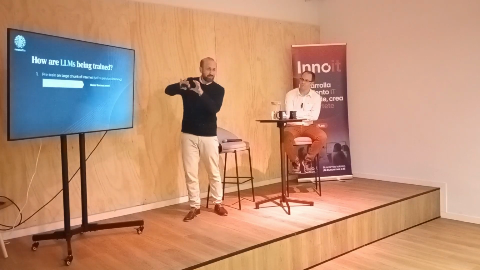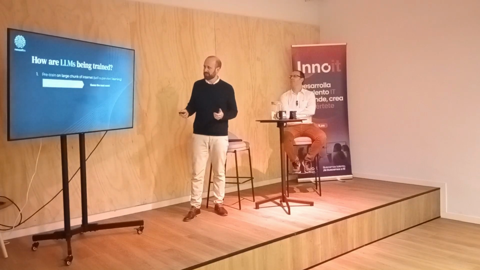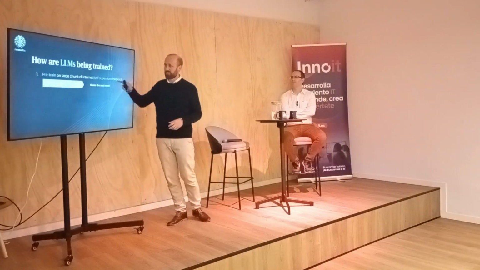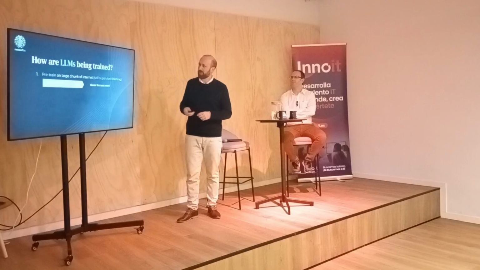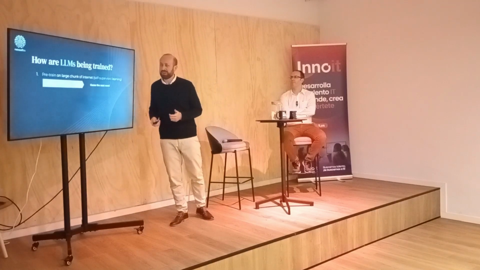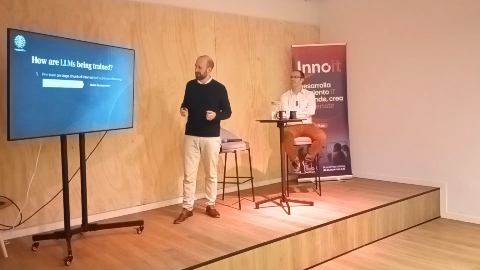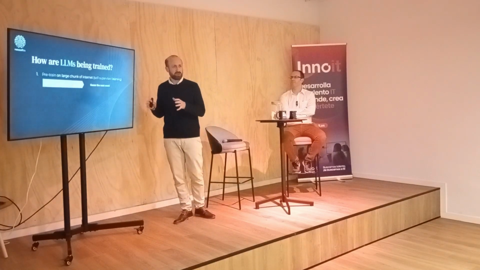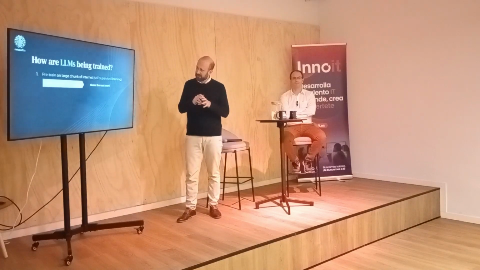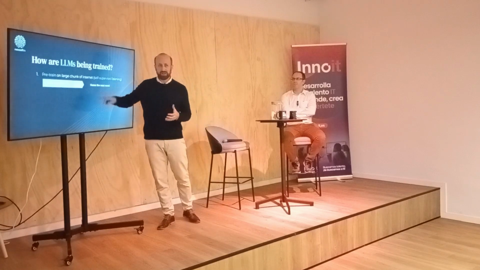If we go to a slide to understand how these LLMs are trained, we are going to see there are 3 big steps for training these foundational models. The first one, which is the biggest one in terms of data, is to pre-train on a large chunk of data using self-supervised learning. The data has input and output, and we are trying to predict the next word.